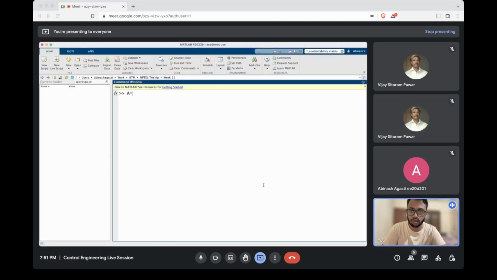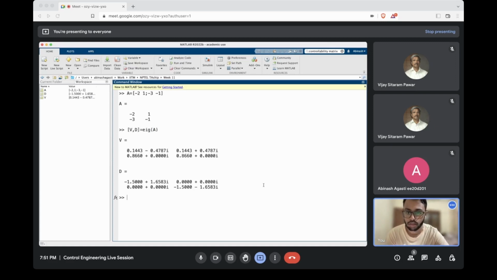Okay. So let's first put in the A matrix. We have minus 2, 1, minus 3, minus 1. So this is the A matrix. Then we want to find out the eigenvalues and the eigenvectors. We have a very convenient command here. This single command gives me two matrices, one V matrix and the other D matrix.